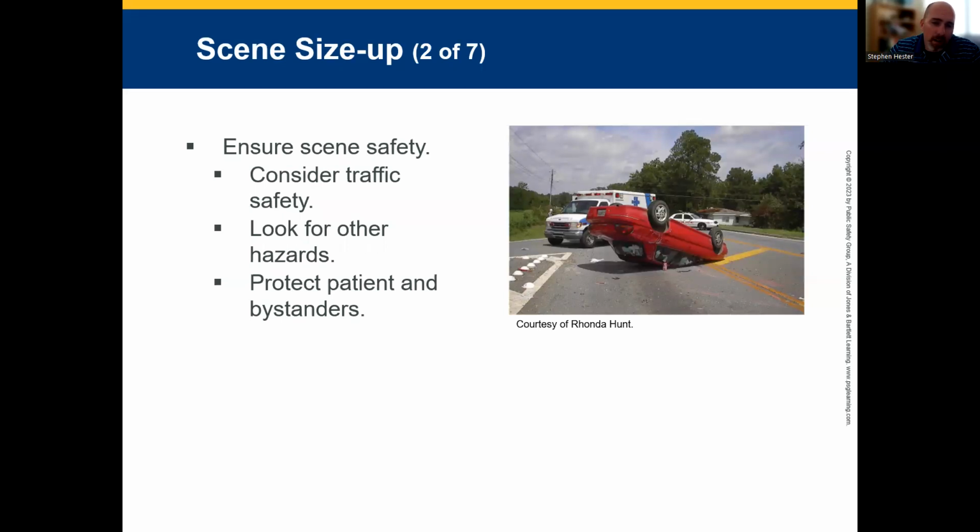Is it just that hot that day? And the pavement may be melting, with the humid hot temperatures that we see here during the summer months. Is the floor safe inside of a residence? Do they have a hole covered up going down the hallway? These are all hazards that we have to look for. Okay. And then we need to protect our patients and our bystanders.